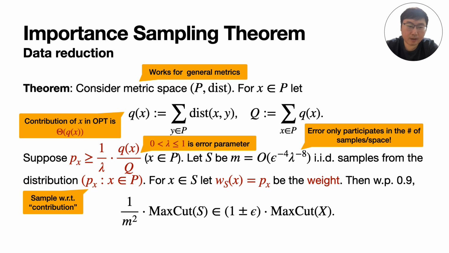In addition, this sampling is robust, and an error of lambda in the sampling probability, which is larger than 1, only translates into poly lambda in the sampling complexity. Hence, we can afford an error of polylog in the sampling probability, and it only adds a polylog factor in the space complexity. So intuitively, this Q of x, which is the sum of distances from a point to every other data point, is roughly the contribution of x in opt. And this could be viewed as importance sampling, and this subsample could also be viewed as a coreset.